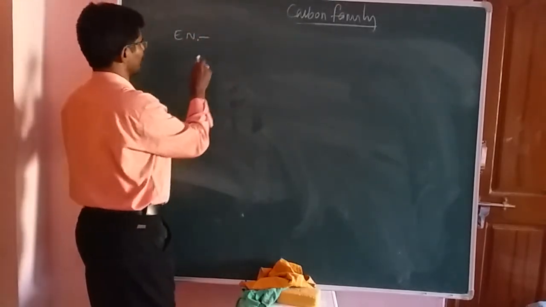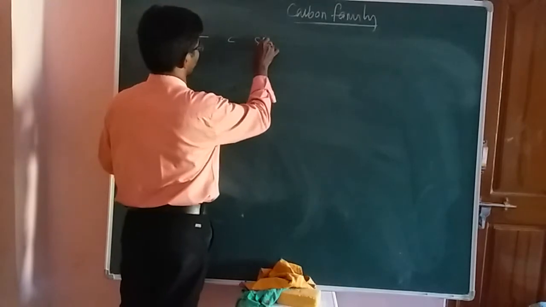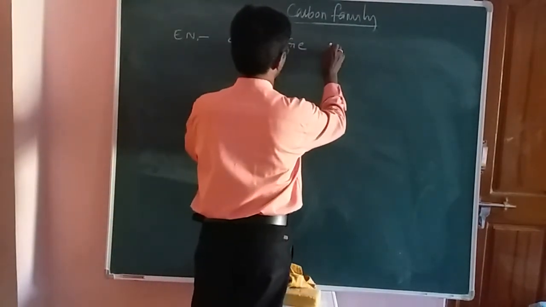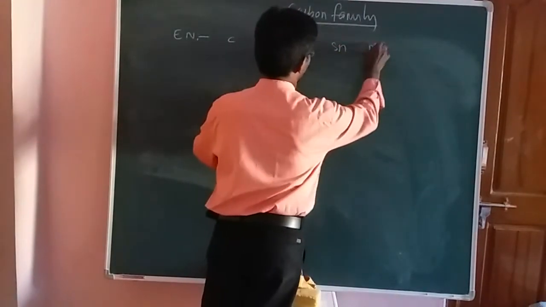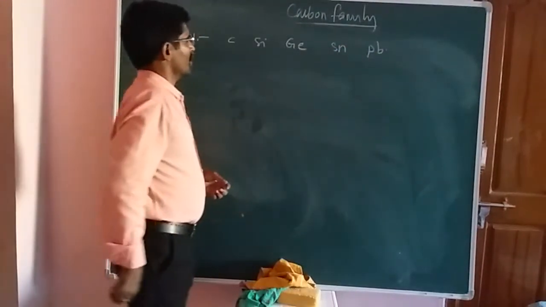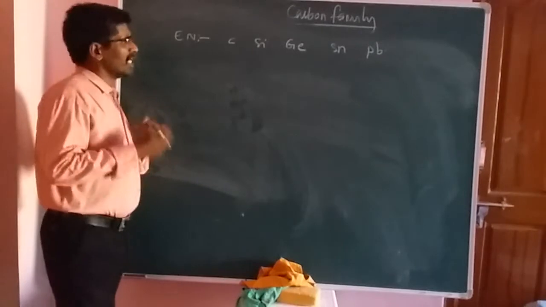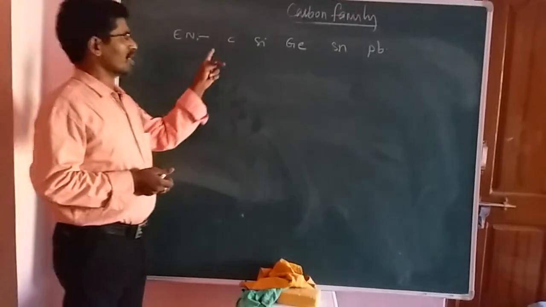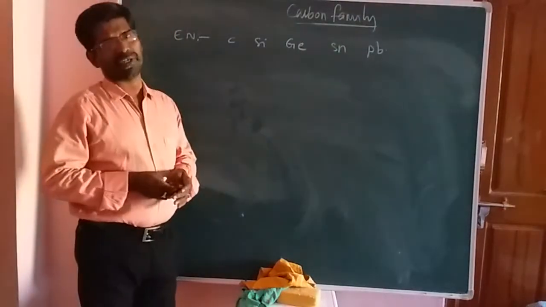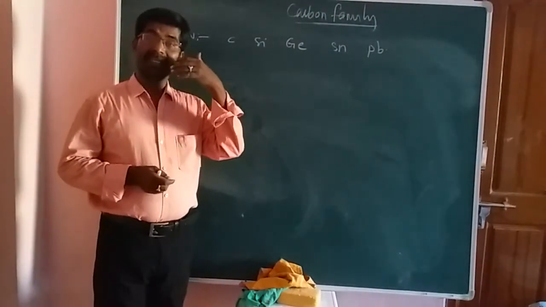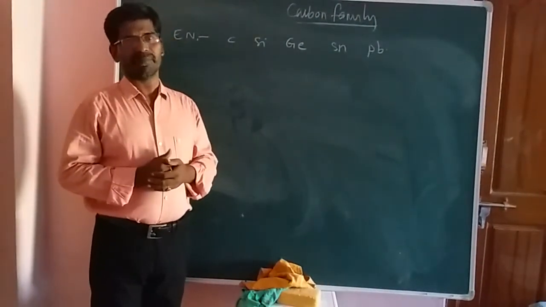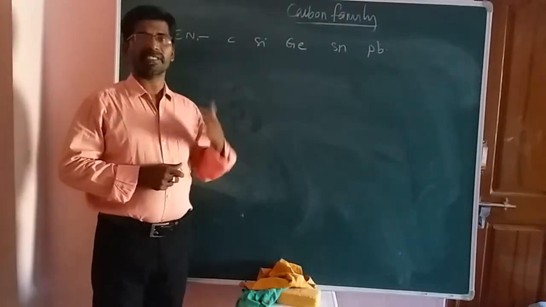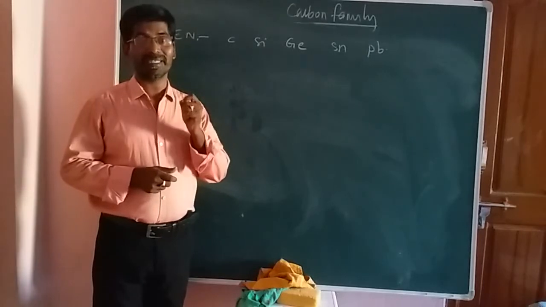I will write the elements: carbon, silicon, germanium, tin, and lead. Which element has the greater electronegativity? Generally, electronegativity decreases from top to bottom in a group.